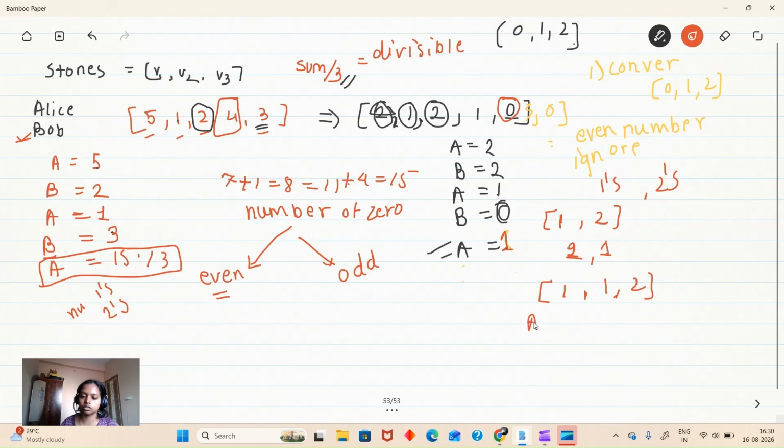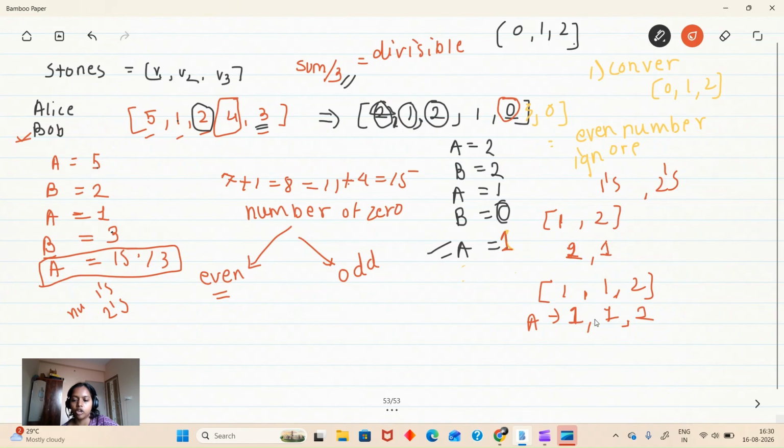If Alice chooses 1, Bob has to choose what? Bob has to choose 1 only. If he tries to choose the second, then it will be 3. Now next is what? Alice has to choose 2. Okay, then it will not lose anyway.